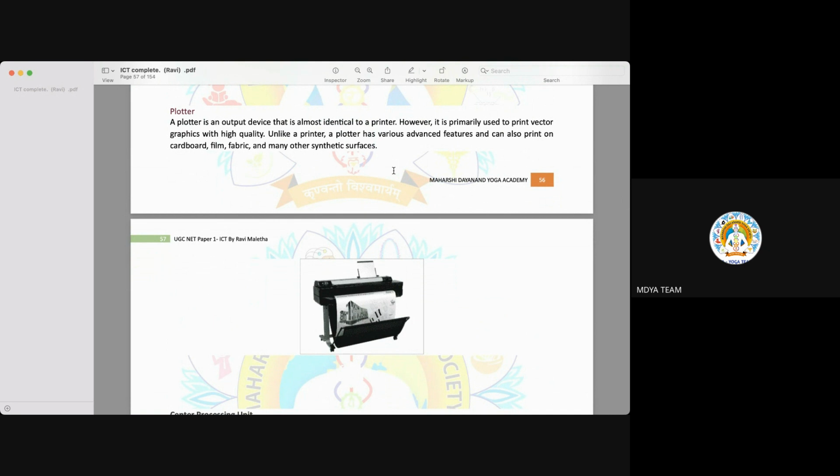A printer can print only on paper. So on many other synthetic surfaces you can print these images. You have seen some hoardings or many large boards, large figures when you go outside. So all those things can be done on a plotter.